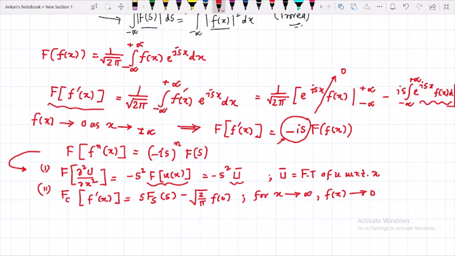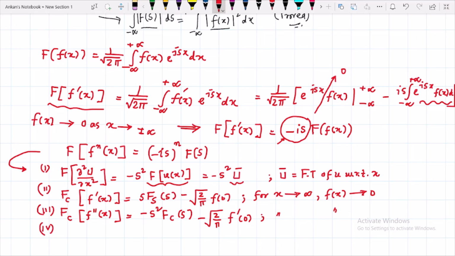It will also be given in your question of differential equation. Third one is based on the Fourier cosine of the double derivative of f(x). It is minus s square F of c, Fourier cosine of this, minus root 2 by pi f prime 0. This also contains the same condition. This was based on the Fourier cosine transform.